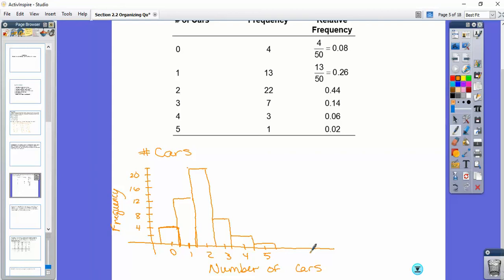My smallest was 0.02, going up to 0.26, so I would have like 0.04, 0.08, and just change those labels and this to relative frequency. The rest of the picture looks the same. Do I need to draw that for you, or you guys know what I mean by that? Okay.